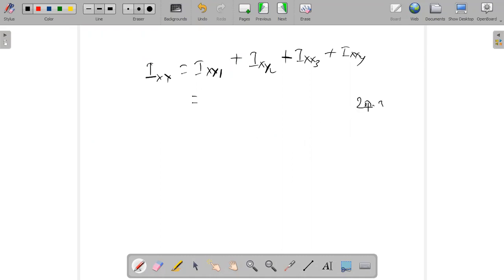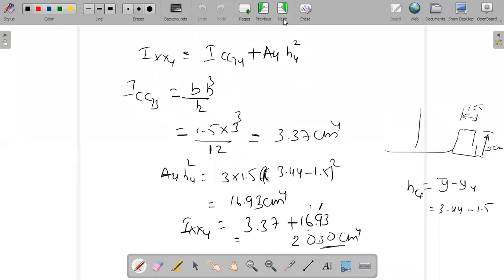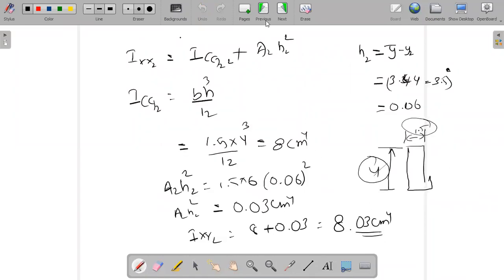Ixx4 value is 20.3. Some are actively participating, some are not. 44.53 is your Ixx3. Ixx2 is 8.03.